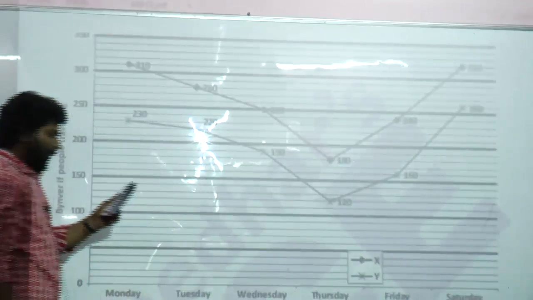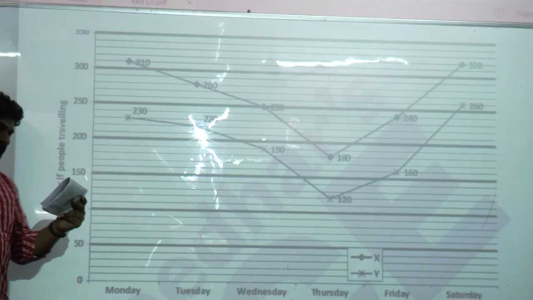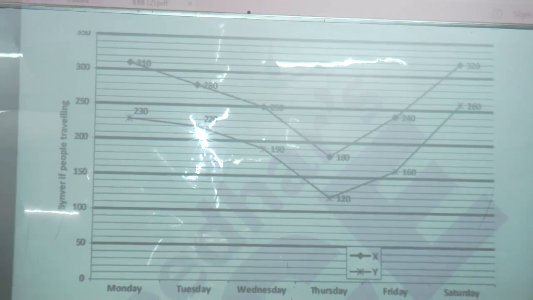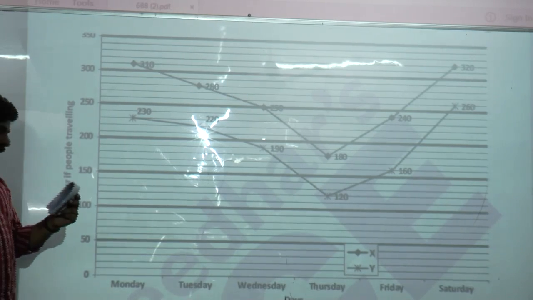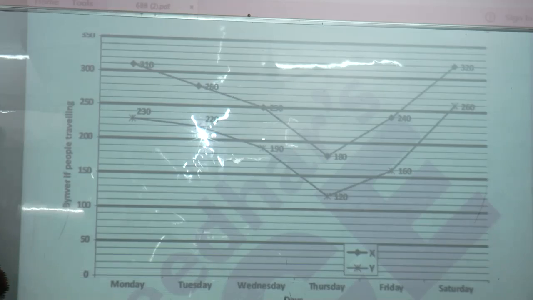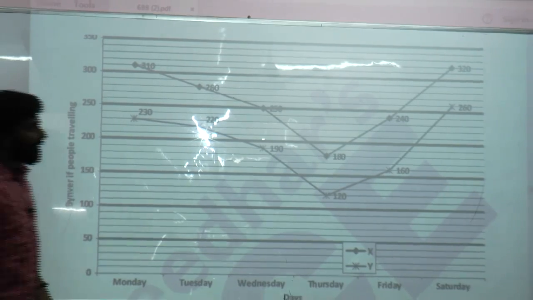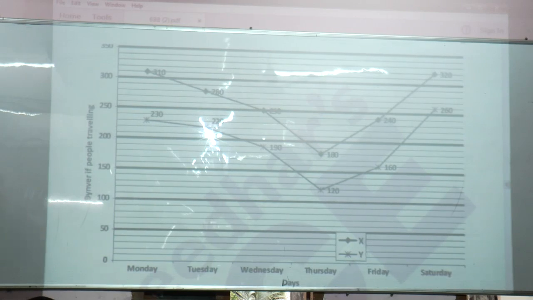Next. Total number of people who travelled by both the given trains together on Tuesday is what percent more than the total number of people who travelled by both the trains given in Friday. Tuesday versus Friday. Tuesday, how many total travellers we have? 500. And on Friday we have 400. 500 is how much more than 400? 100.